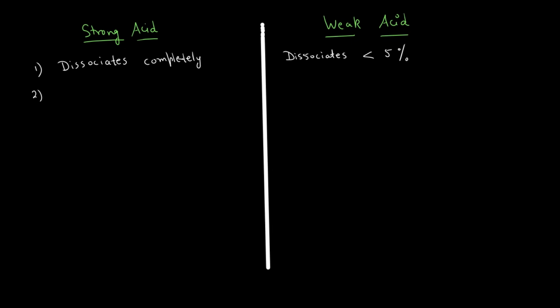Example of a strong acid like HCl. So HCl will dissociate into H plus ion and Cl negative ion. Example of weak acid like acetic acid. There will be equilibrium between its ion and undissociated part. So it dissociates into acetate ion and H plus ion.